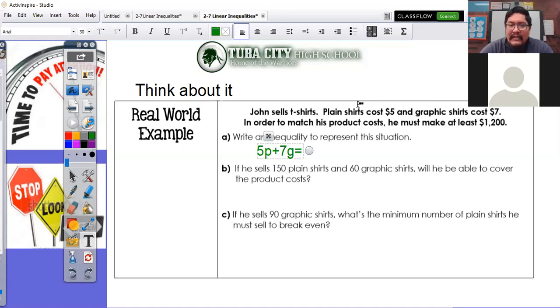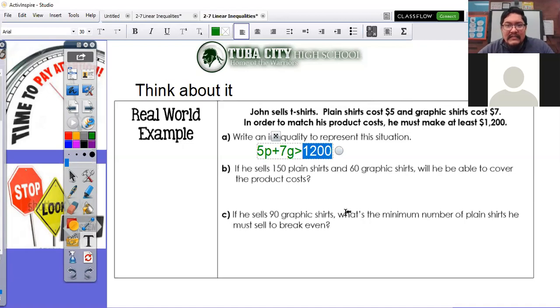Normally we'd put an equal sign here, but for now we need an inequality. So it could go this way or it could go that way. Think about it: which way does the mouth open? Which number do we want to be bigger? Now think about what each side represents.